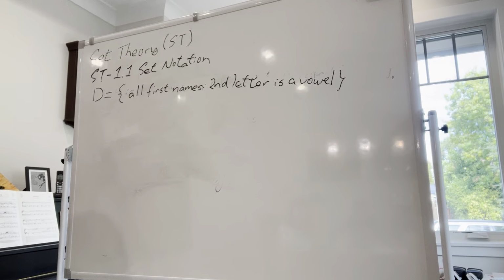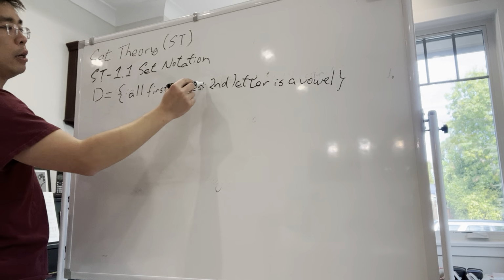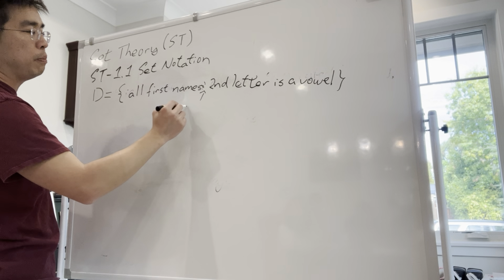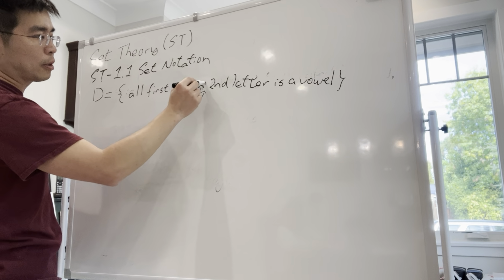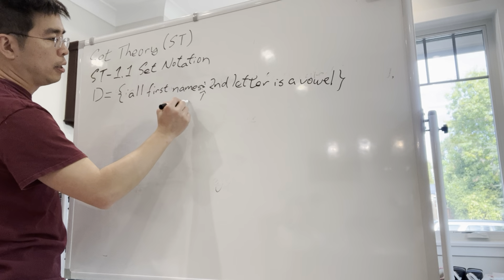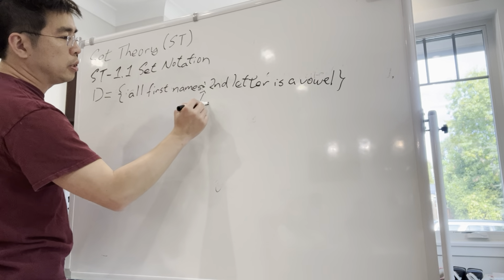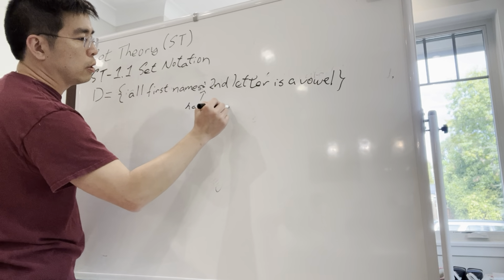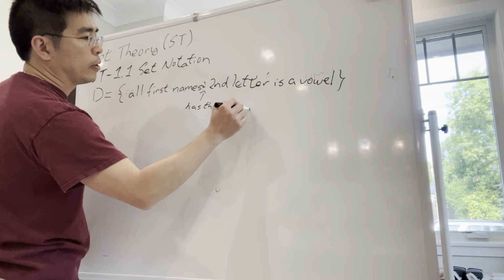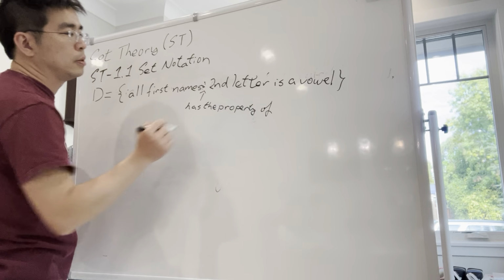Now, for the sets A, B, C that we talked about, we write out the elements explicitly. But there is another way of describing a set. You can read the colon sign as "has the property of."